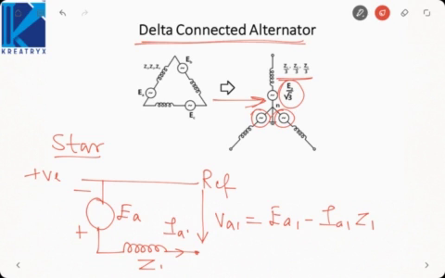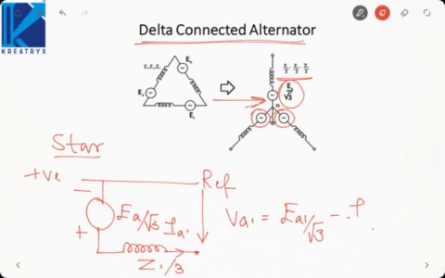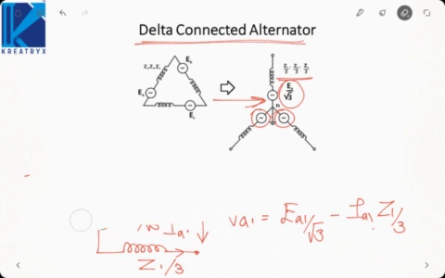But what to do in case of delta? In case of delta, what we will do is we will divide the EMF by root 3, divide the impedance by 3. So VA1 will be EA1 by root 3 minus IA1 Z1 by 3. Sorry, this is your delta connection, positive sequence network.